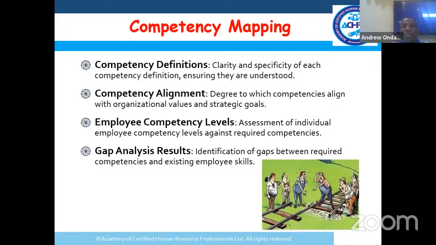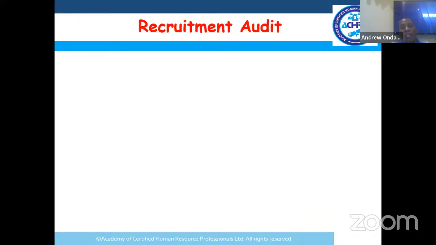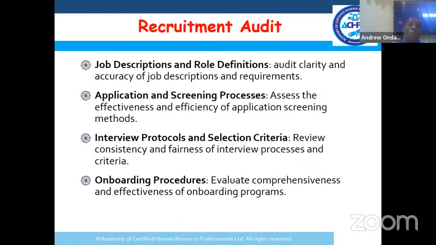And for that reason, I will move to the next part, and that is recruitment audit. In recruitment, we are looking at the whole process that will enable us to have the right candidate, the right employee to be deployed to the positions that we have identified to be vacant.